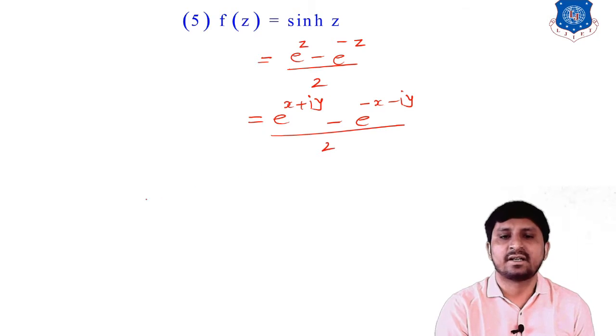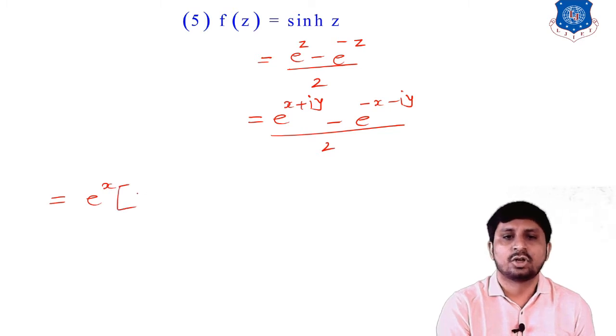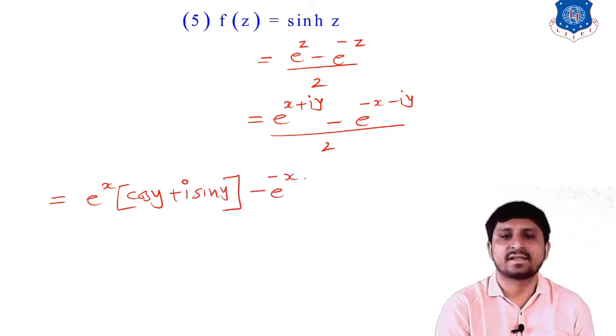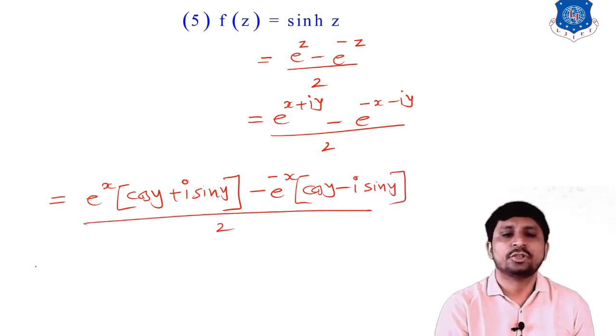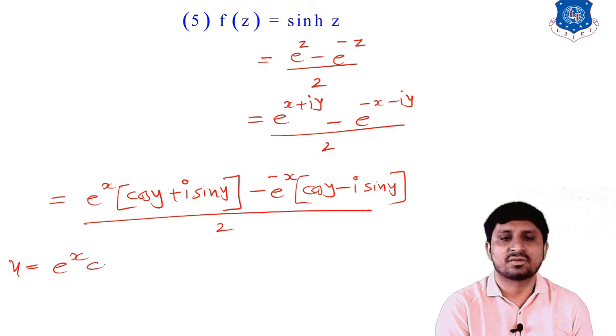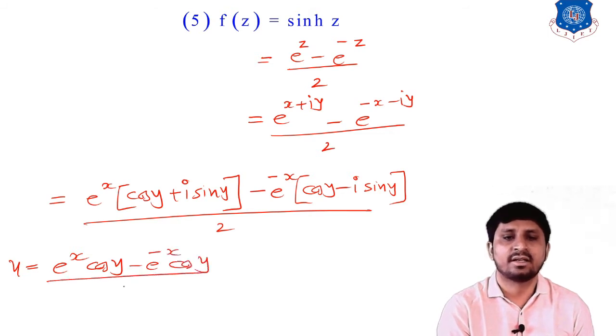That can be written as e raised to x times (cos y plus i sin y), minus e raised to minus x times e raised to minus iy, that is (cos y minus i sin y), divided by 2. So u is equal to e raised to x cos y minus e raised to minus x cos y, divided by 2.